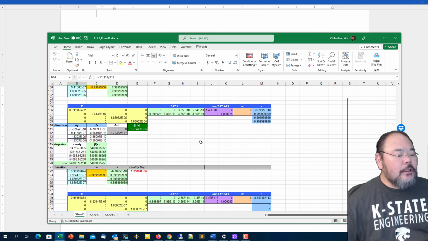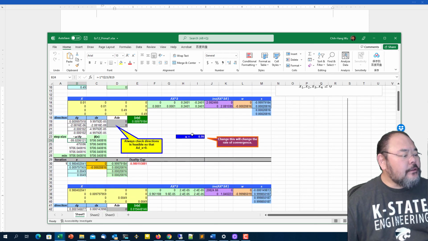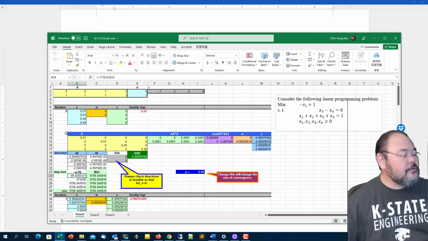You're welcome to update. So what I did is basically I manually constructed the first step, like here. Using the step, calculate capital X, calculate A times X squared times A transpose inverse, update the dual variable, update the dual slack, calculate dy, inverse transform back to dx, double check A times dx equals 0, calculate the magnitude of dy, the direction for y.